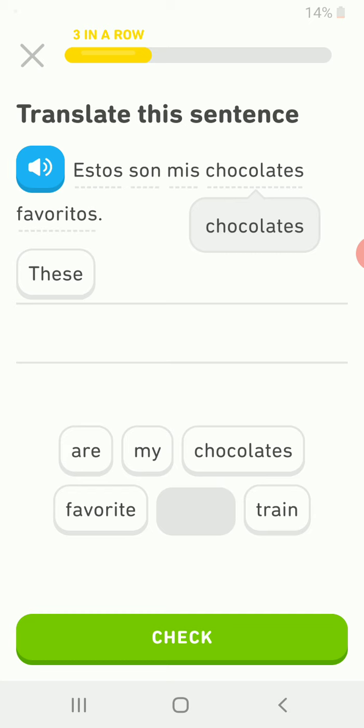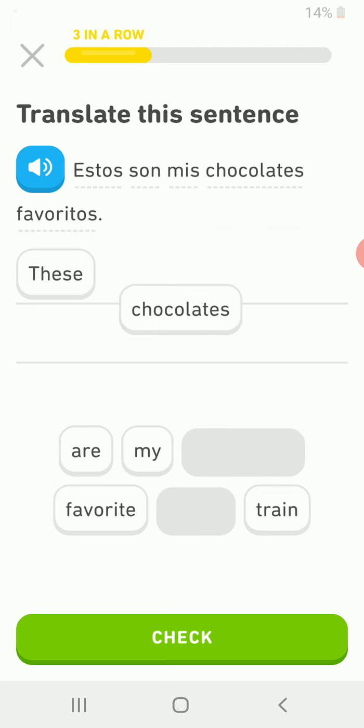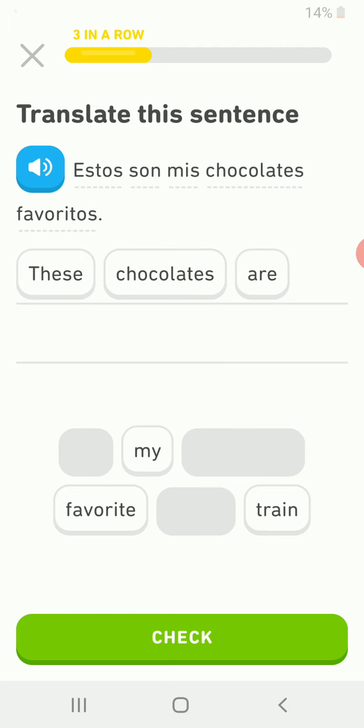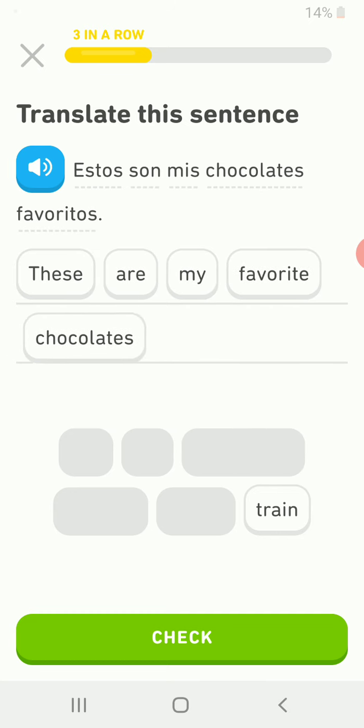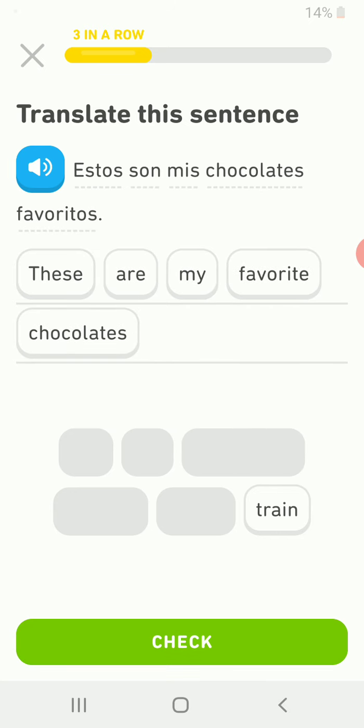So that's why we have to use the demonstrative article these. These chocolates are my favorite. So my apology, these are my favorite chocolates.